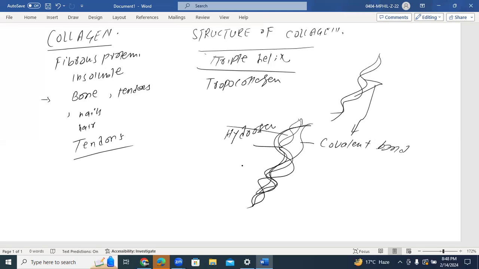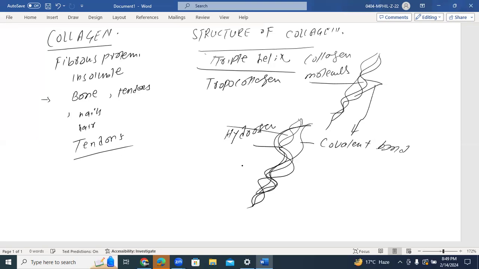Three helices wind together to form a collagen molecule, and triple helices held together form collagen fibrils. How is a collagen molecule formed? When three helices combine with one another, they form like this. This is a collagen molecule.